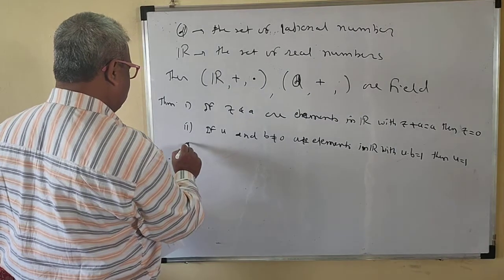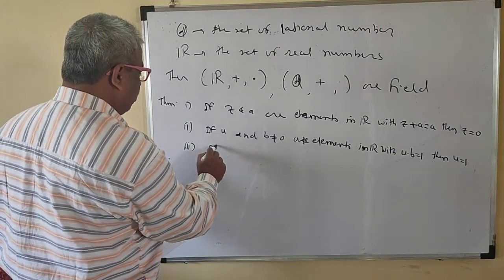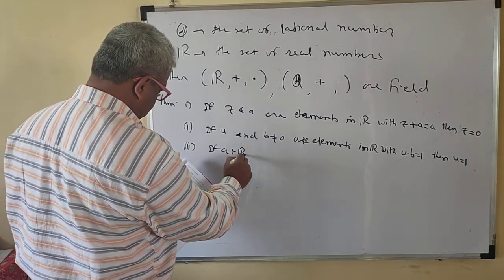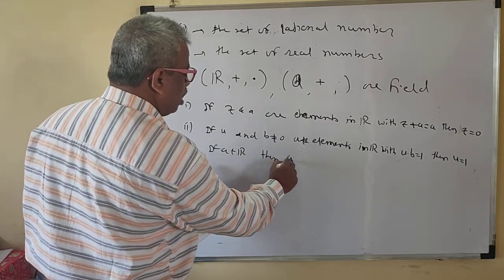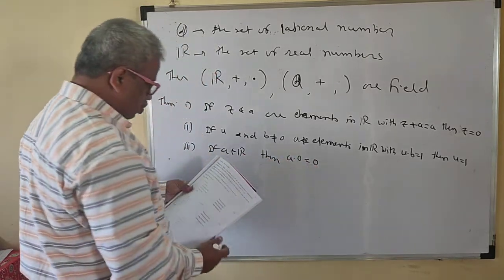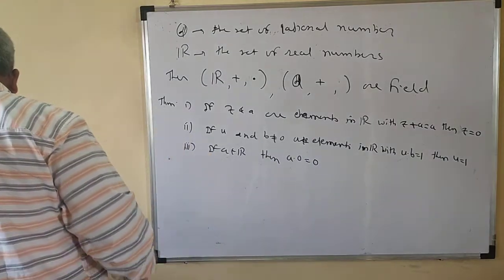And the third one, if a belongs to R, then a into 0 is equal to 0. We have to prove this.